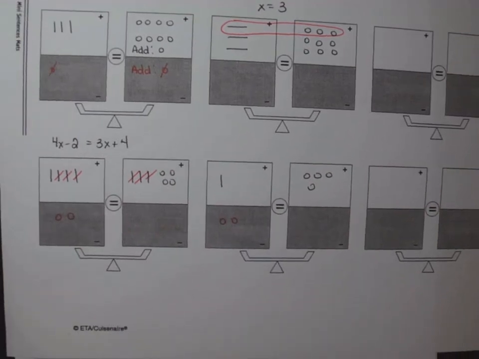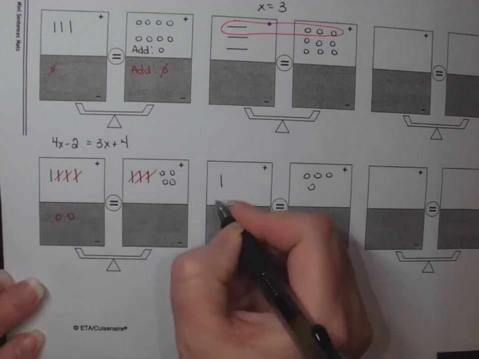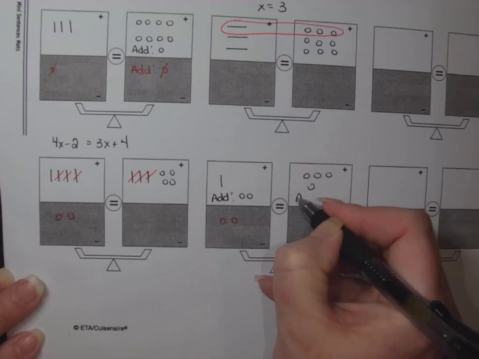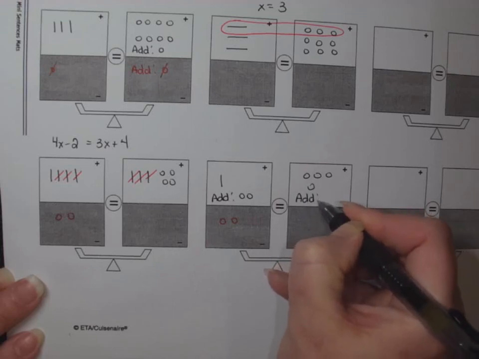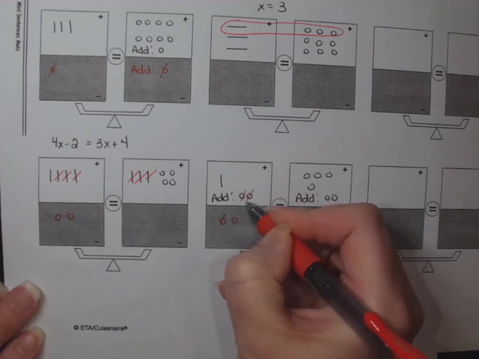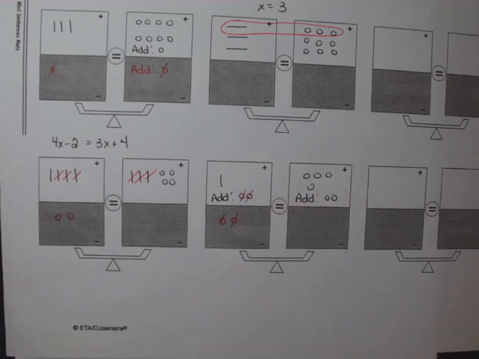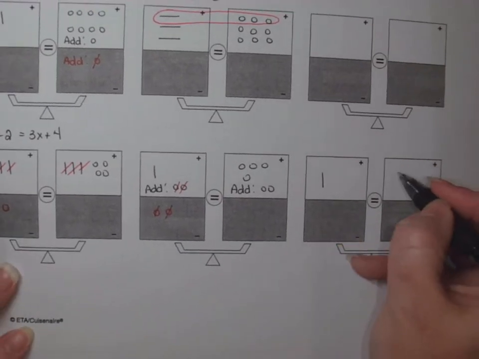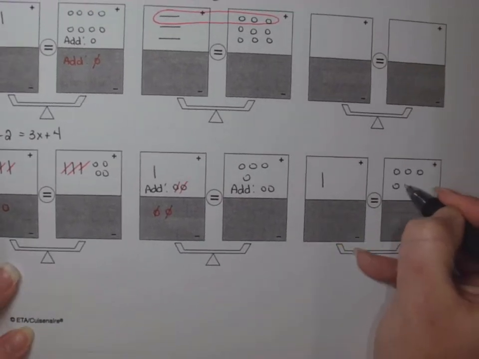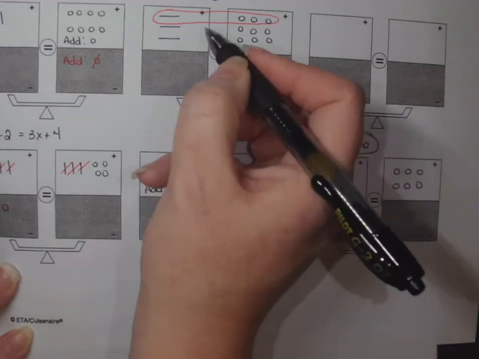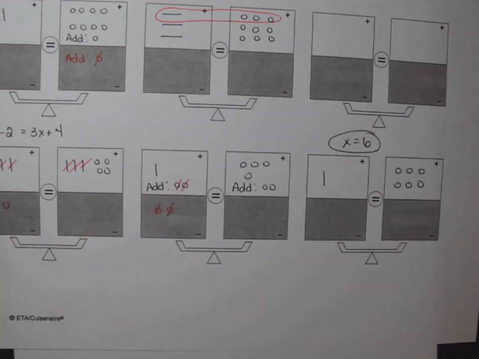Okay, so then what I chose to do was I chose to add 2 here. But when I do that, I also have to add 2 over here. But when I add 2 here, I'm going to get rid of these, right? And then that's going to leave me with a single x on that side equals 6, right? So we just have x equals 6. Okay.